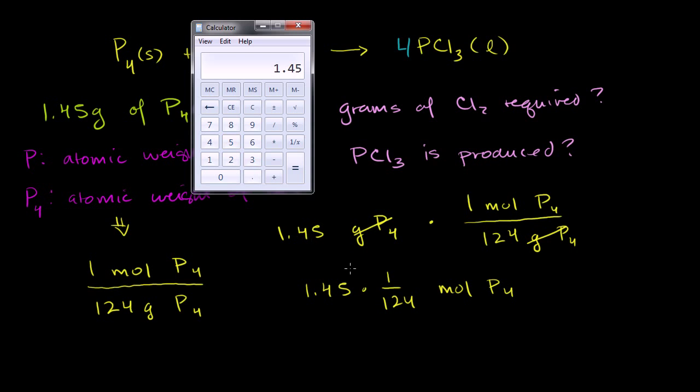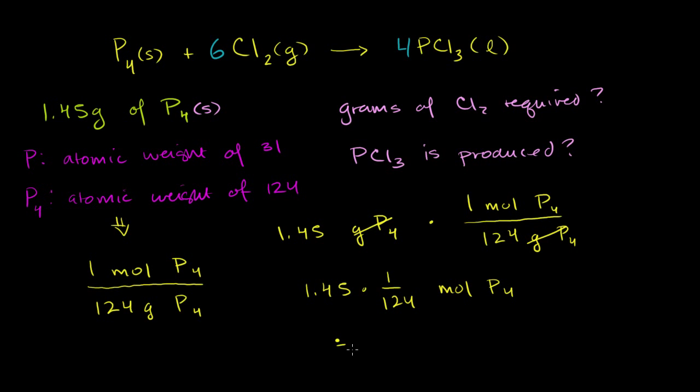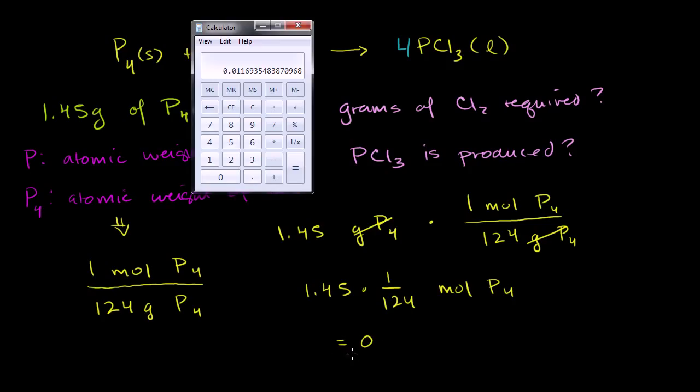We could just say divided by 124, right? That's the same thing as multiplying by 1 over 124. So divided by 124 is equal to 0.0117.